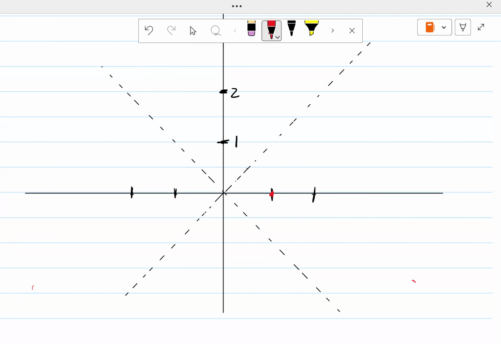Okay, 1.707, that's a little shy of 2. And we're at the 45 degree mark. So 1.707, well, radical 2 is about 1.4. Radical 3 is about 1.7.